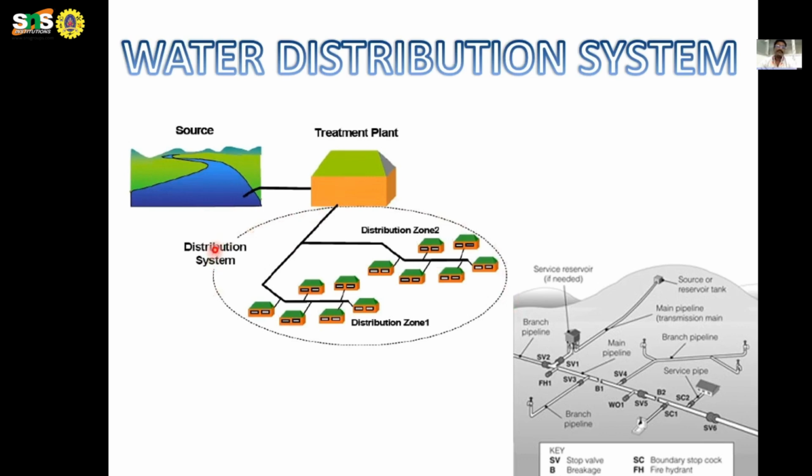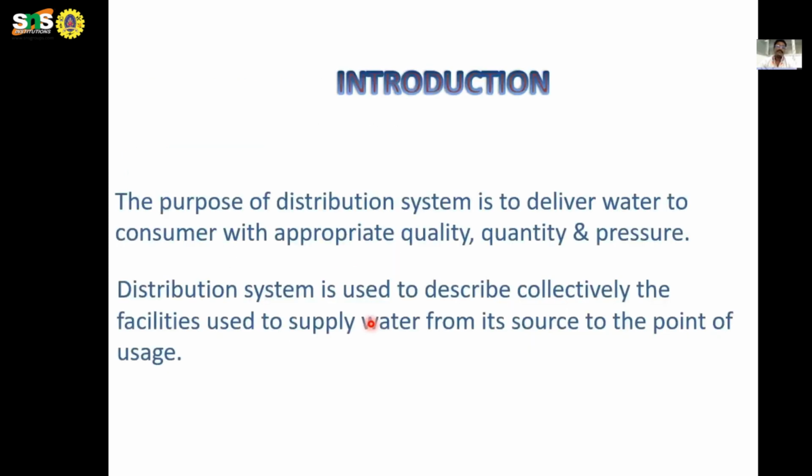So what is a distribution system? A distribution system is a combination of water pipes which connect the consumers to the treatment plant, down to the consumer level. Let us see the components and elements in the water distribution system.